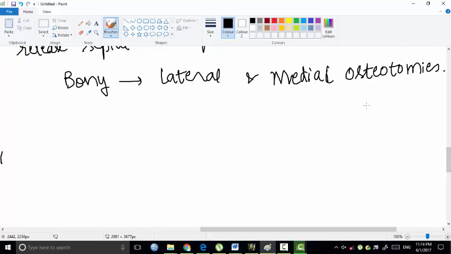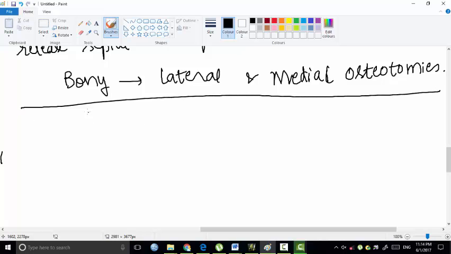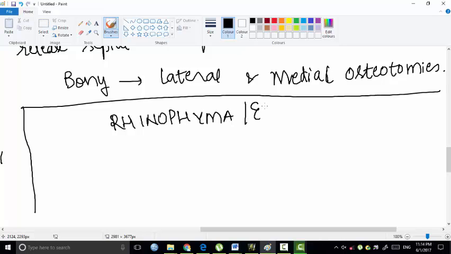Now coming to one of the conditions, this is a new condition, which is called Rhinophyma or elephantiasis of nose.